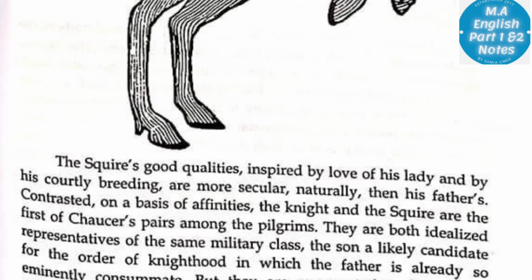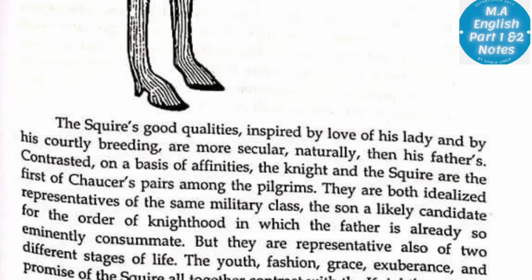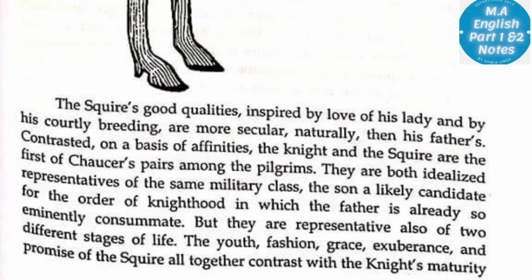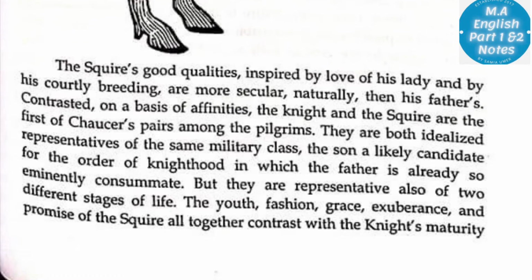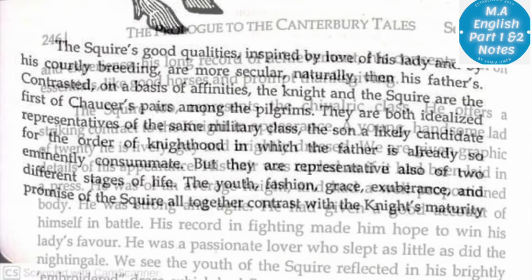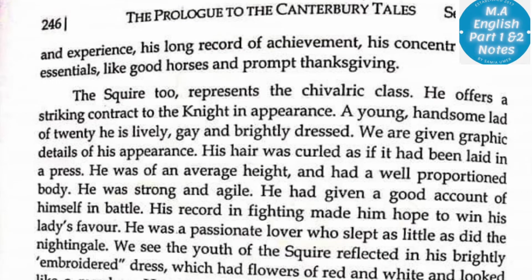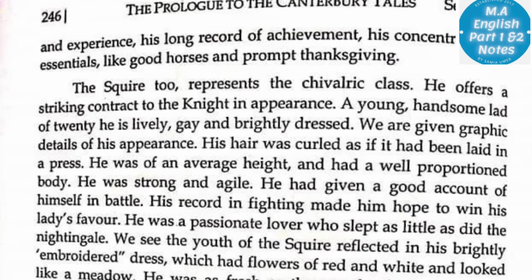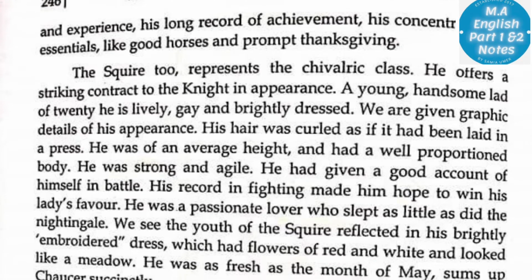The son is a likely candidate for the order of knighthood, in which the father is already so eminently consummate. But they are representative also of two different stages of life. The youth, fashion, grace, exuberance, and promise of the squire altogether contrast with the knight's maturity and experience, his long record of achievement, his concentration on essentials like good horses and prompt thanksgiving.